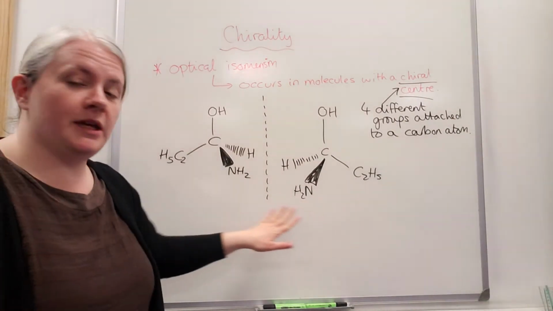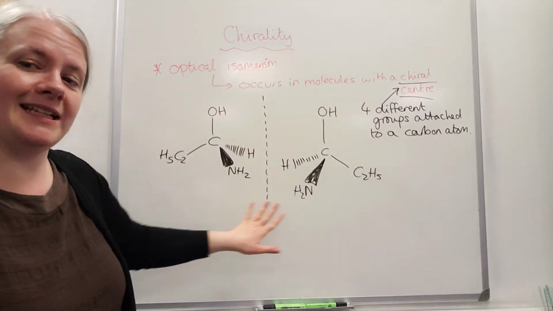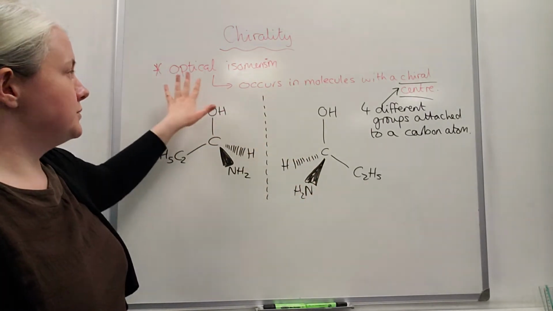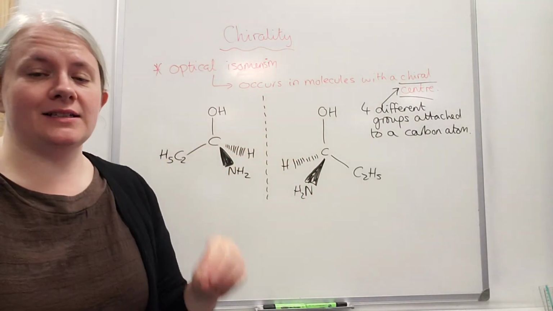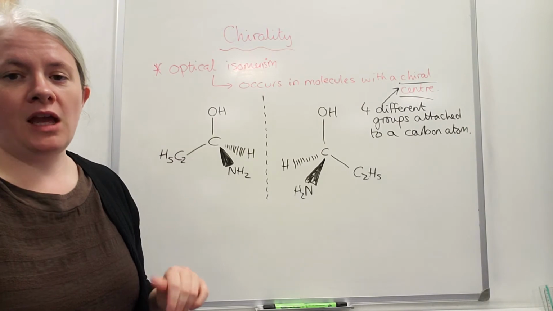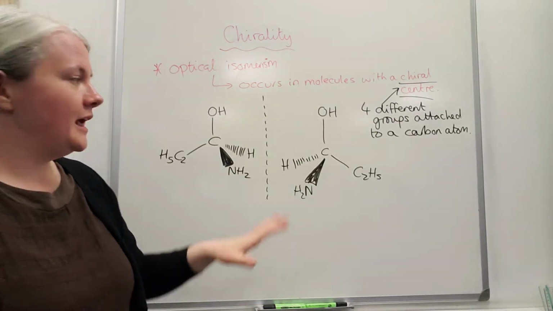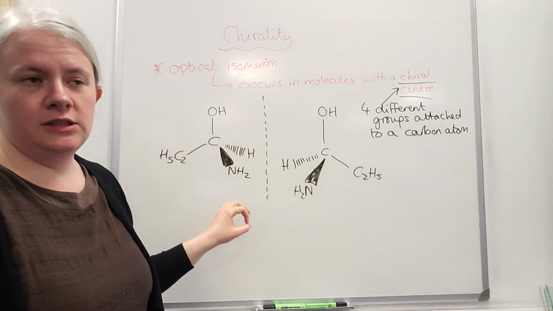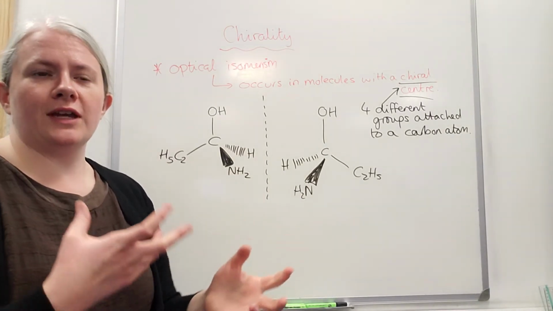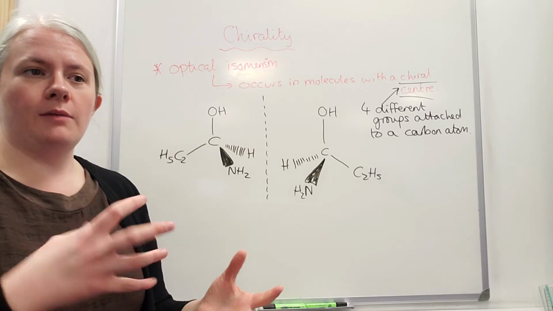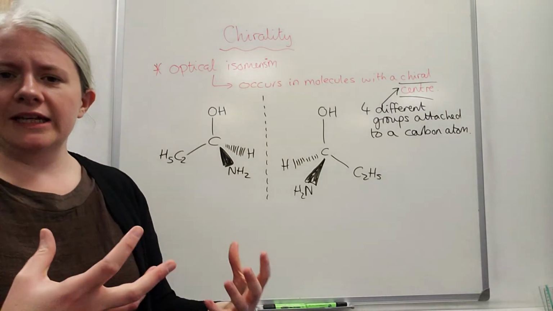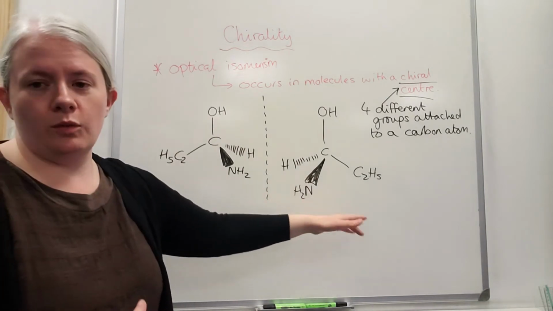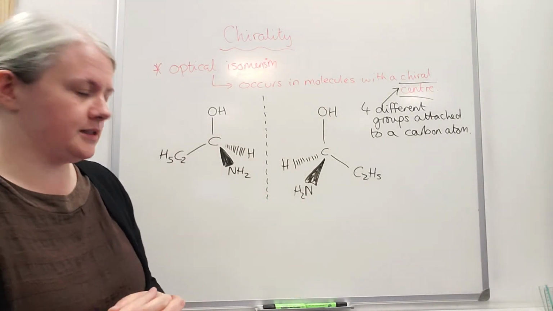Looking at these chemically, these would react in exactly the same way as each other. So with optical isomers, they will react in exactly the same way. The only thing that is different is they will interact with biological systems differently. So those that are doing biology, if you think about things like enzymes and lock and key sites, this one would interact differently than this one with the lock and key example.